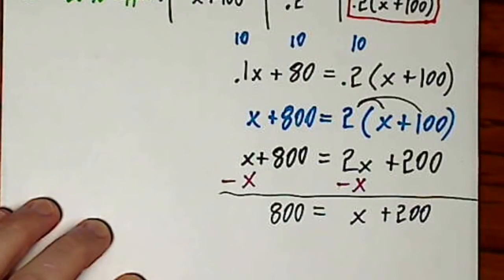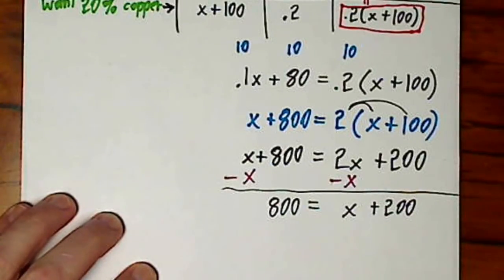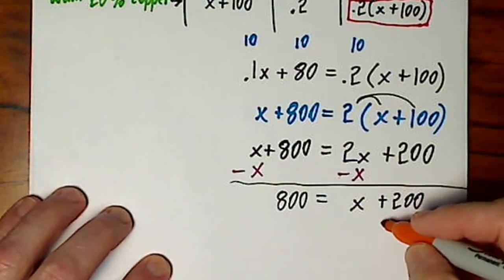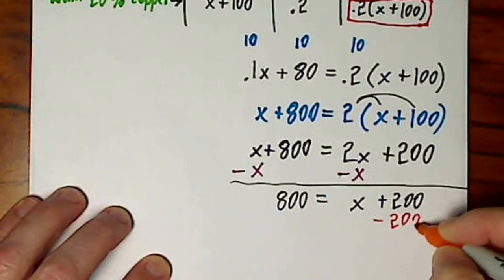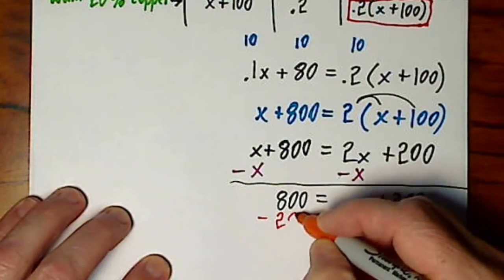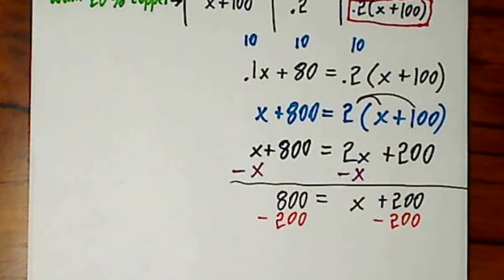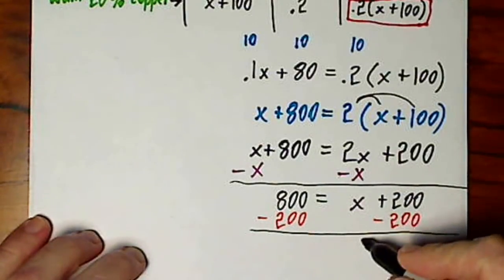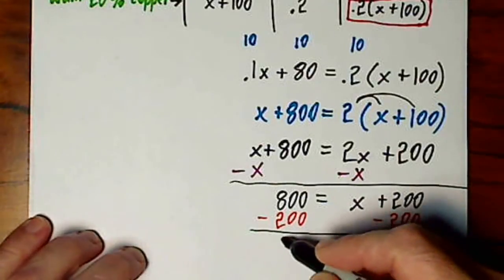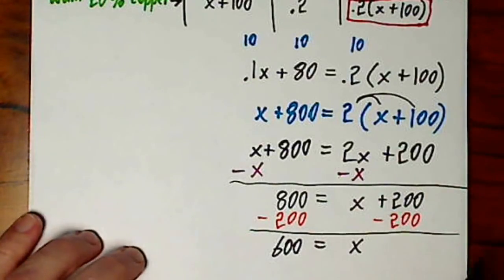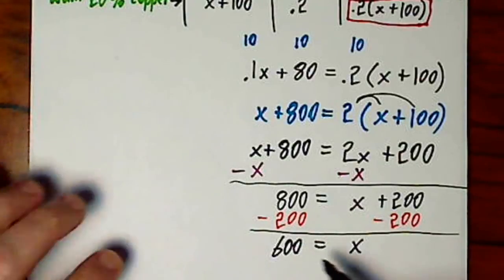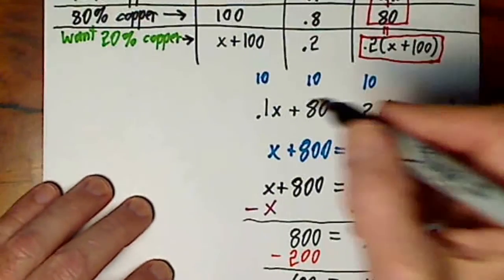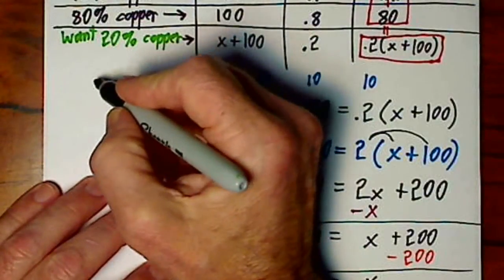Maybe I'll zoom out a little bit. And finally, so we have x equals 600. I think I'll write that way up here.